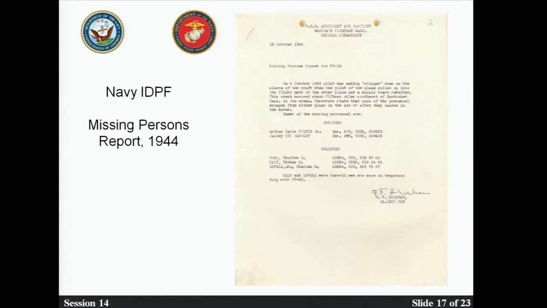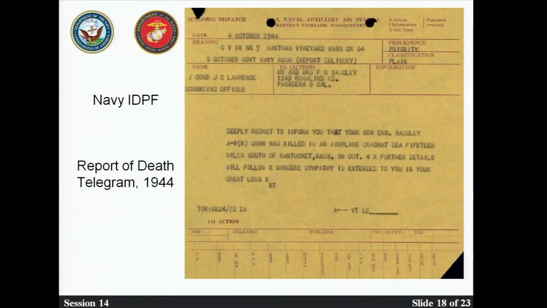And so this is identifying that these folks are missing at this point, and obviously they were deceased, otherwise they wouldn't be in this file. Each one of these individual sailors had their own file, so this is just one document from one of these records.